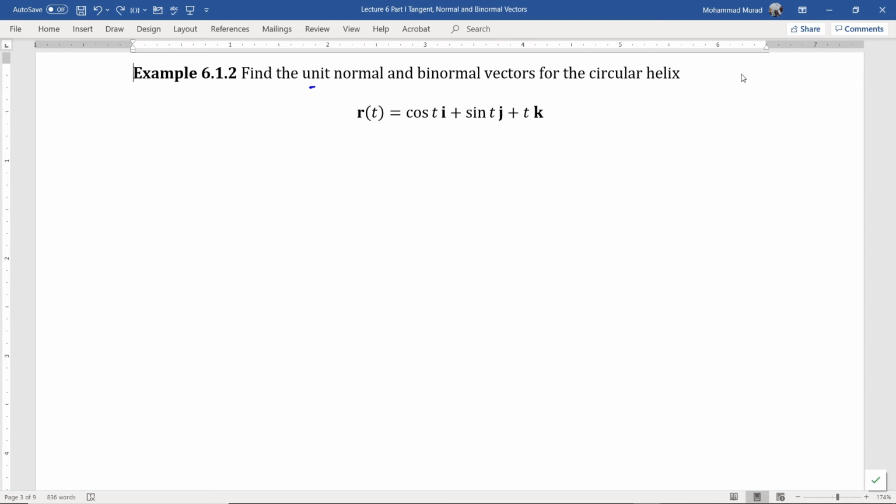Find the unit normal and binormal vectors for the circular helix, given by the vector function r of t equals cosine of t i plus sine of t j plus t times k. Let's have a look at the solution.